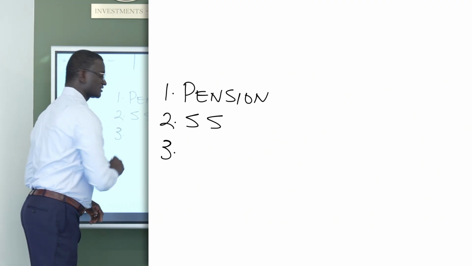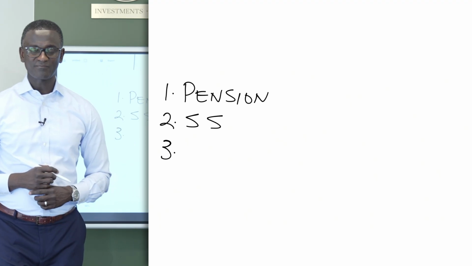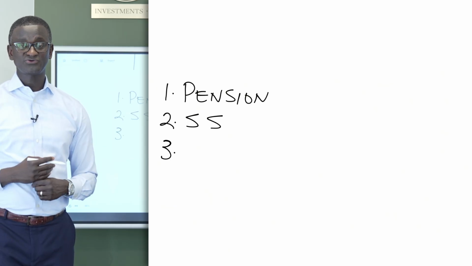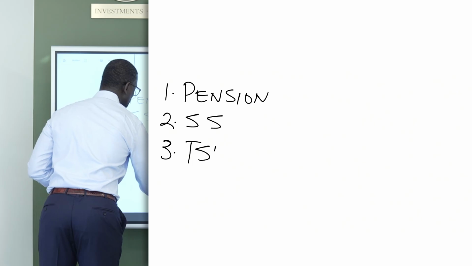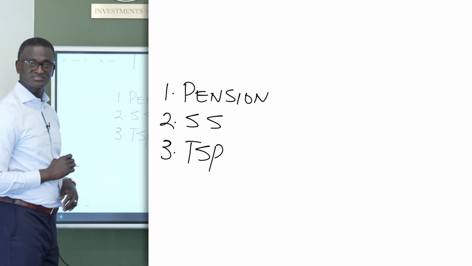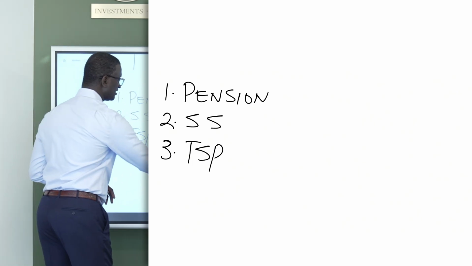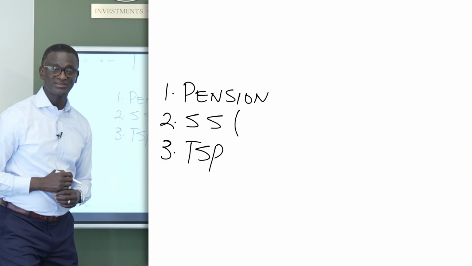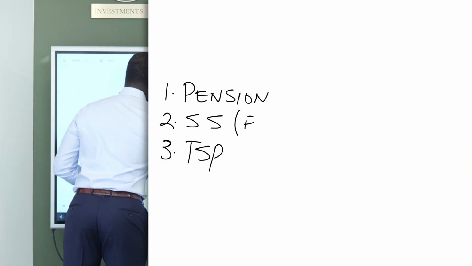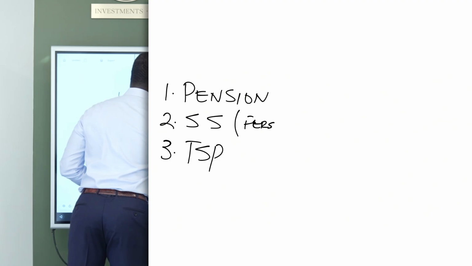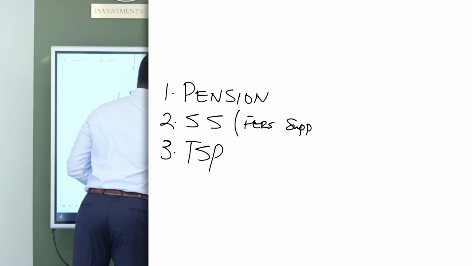Number 3, what else are you going to get money from? If you've done what you're supposed to be doing, put money into your TSP, you're going to get TSP withdrawals coming in at some point. And then here also, before you reach age 62, you're going to get the first supplement, but that ends at 62.